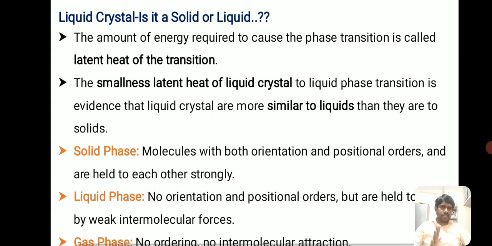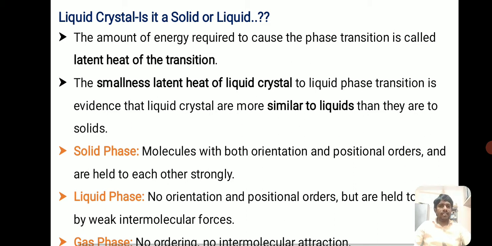The amount of energy required to cause the phase transition is called latent heat of transition. And what happens in liquid crystals? The smallness of the latent heat of the liquid crystal to liquid phase transition is evidence that liquid crystals are more similar to liquids than to solids.